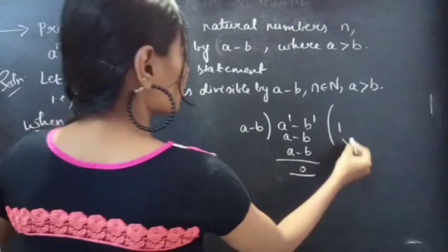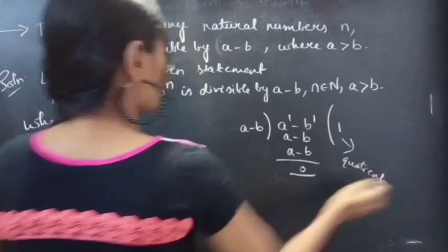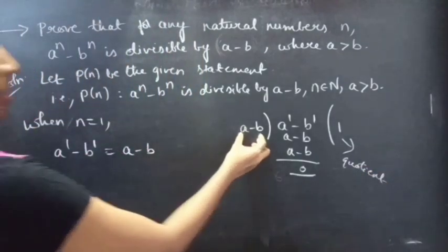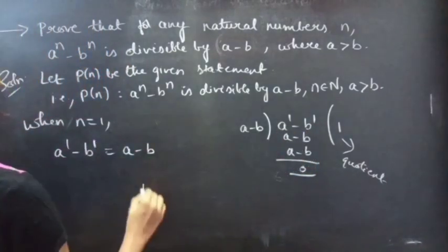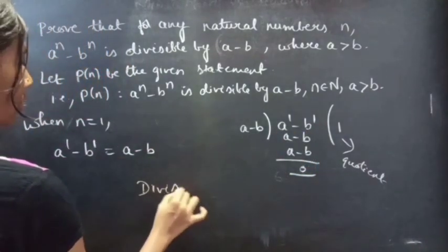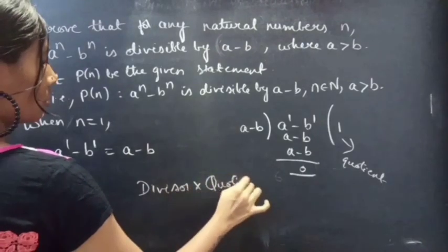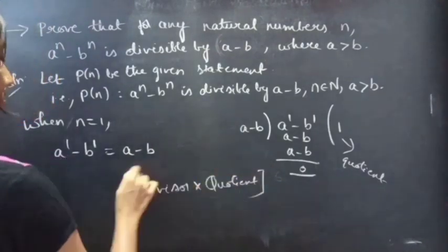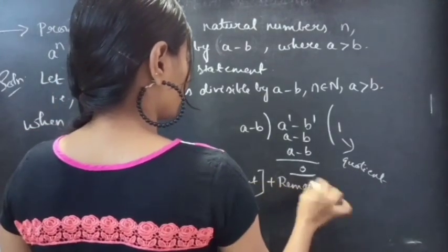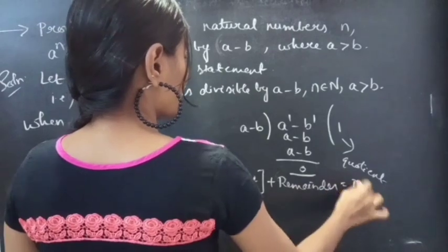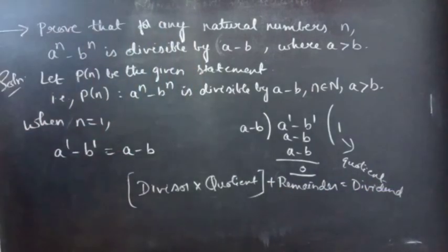So here 1 is a quotient. We know that divisor into quotient plus remainder gives dividend, right?